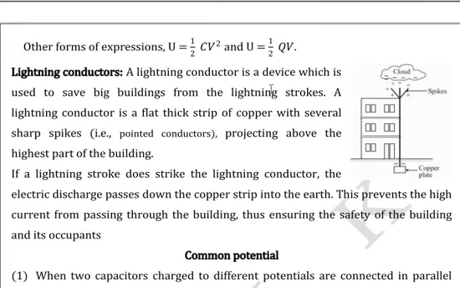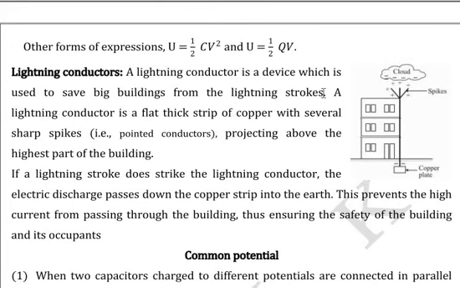So a lightning conductor is a device which is used to save big buildings, meaning tall buildings, from lightning strokes. You know that there will be discharge of electricity due to the friction amongst the clouds towards the environment of the earth, and these charges created will reach the earth through some medium.